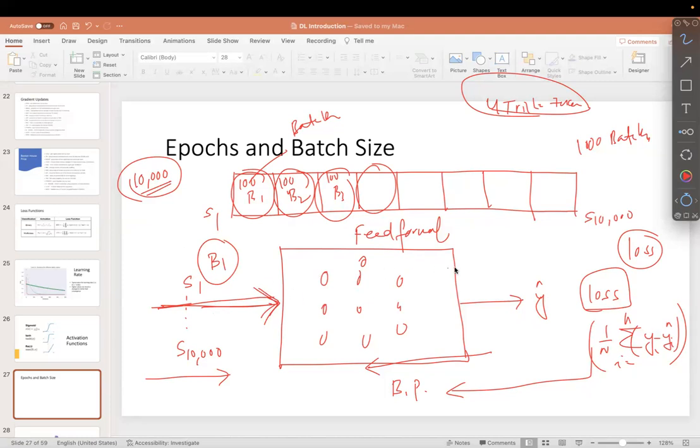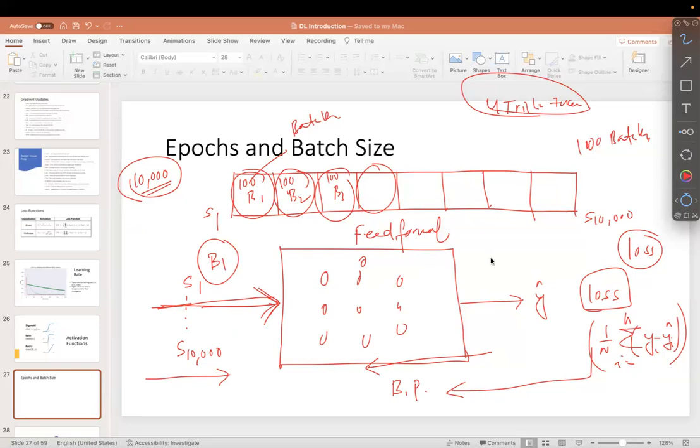First of all, you're quickly learning with only 100 samples, making some adjustments. And every time you're learning with new data, so you're not overfitting also, right? So the learning process happens much faster. Instead of sending all 10,000 and computing, then doing adjustment, you can learn much, much faster.